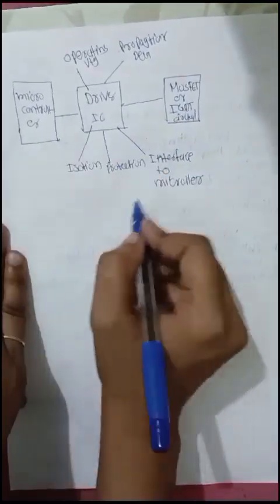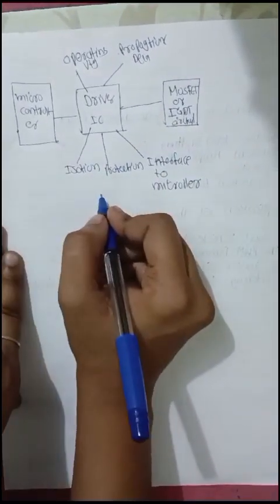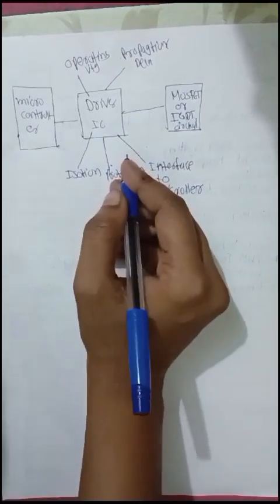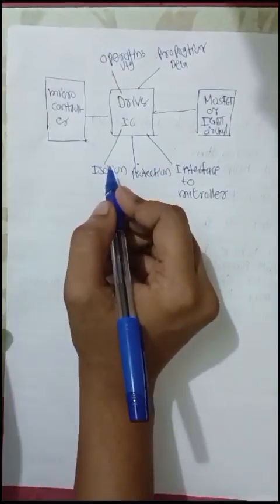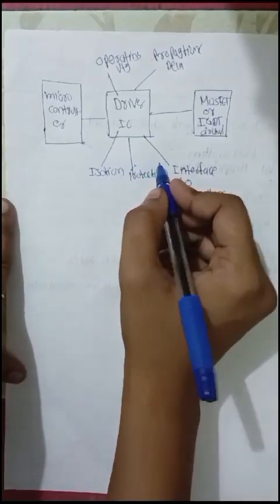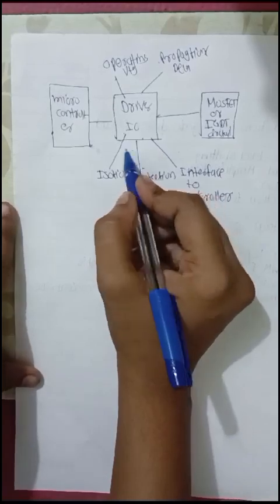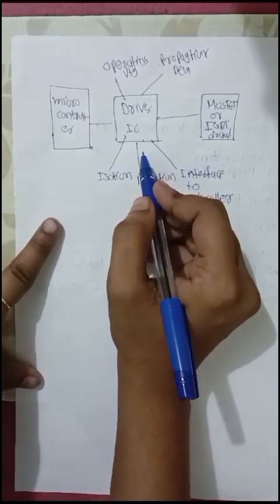Why do we talk about this driver? We need to know what the specifications are and how we will control it. The first main point is the driver IC should be within the operating voltage and the interface of the microcontroller.